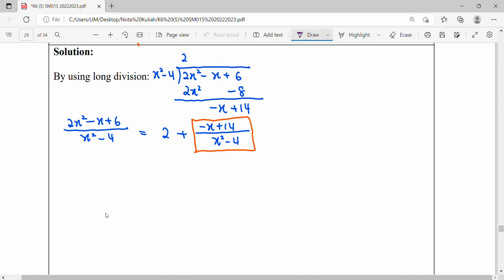From this remainder part, you can notice that the numerator is linear and the denominator is quadratic, so this is a proper part that can proceed to partial fraction. So the first step, we managed to find its proper fraction already.